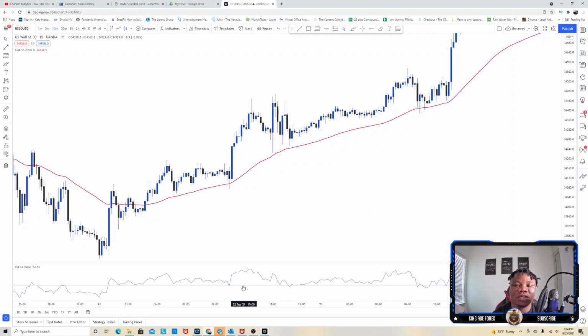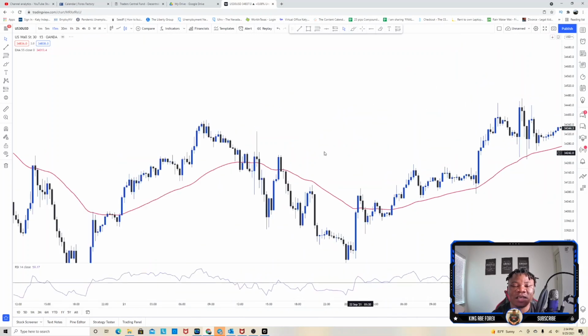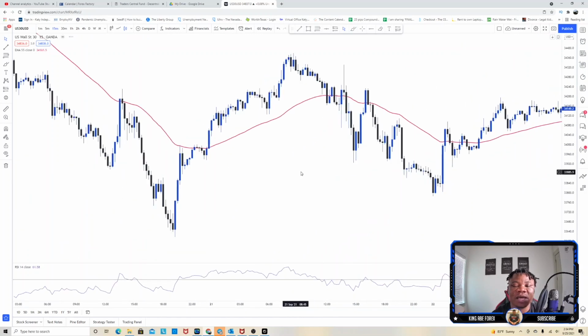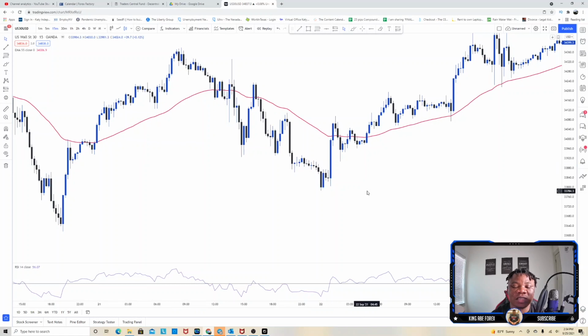We only need two confirmations for this strategy. And once we have price below the 55 EMA, we're only looking to take sell positions, and once the RSI is below the 50 line, that's the final confirmation that we need to take a sell position.